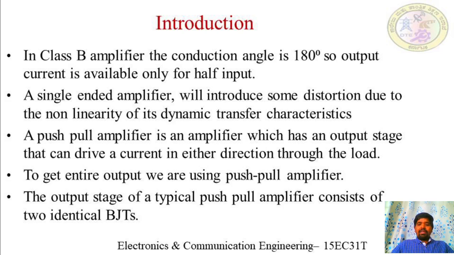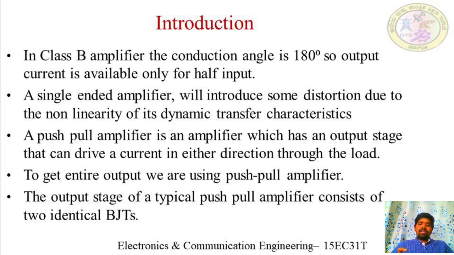In push pull amplifiers, we have an output stage that can drive the current in either direction through the load. That means in the push pull amplifier, at the output stage we get the complete output, with some changes made in the circuit. So to get the entire output we use the push pull amplifier.